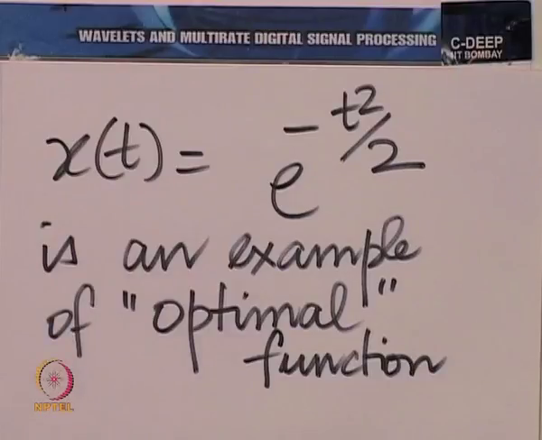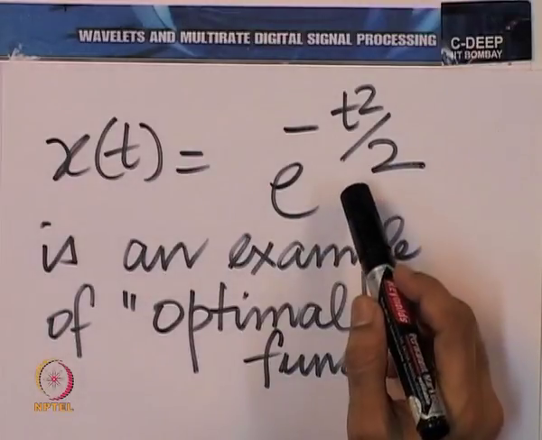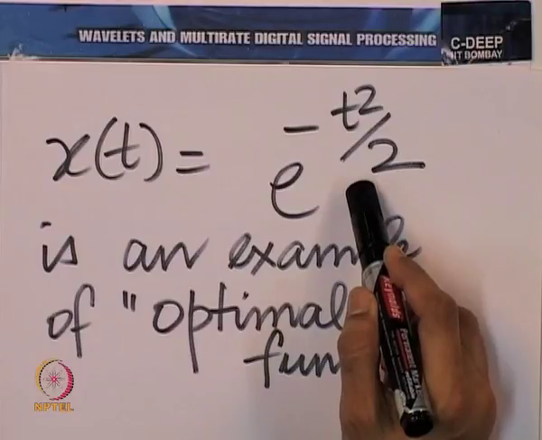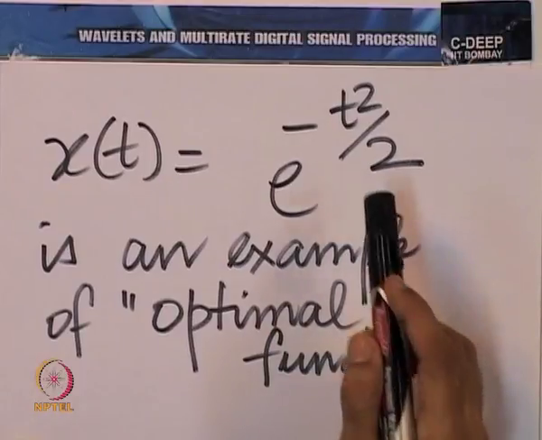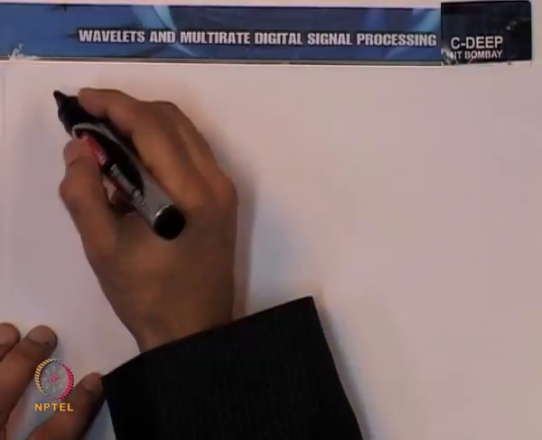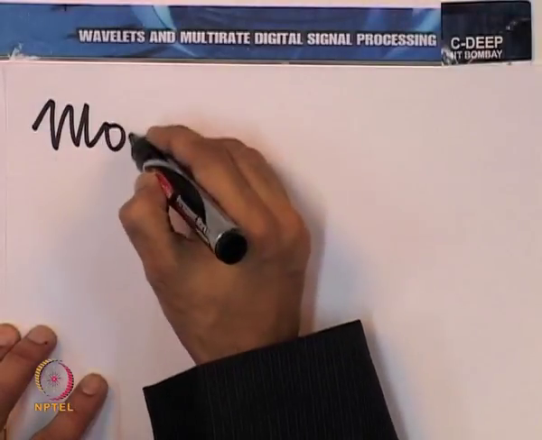All right. Now, other optimal functions can be obtained by modulating this with a term of the form e raised to the power j alpha t squared. So, we saw the more general optimal function.